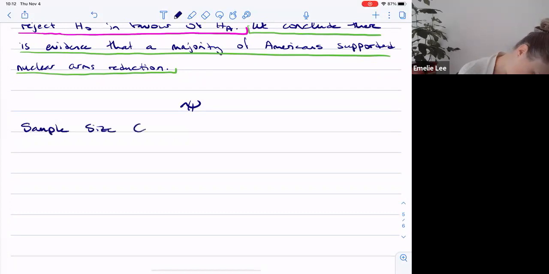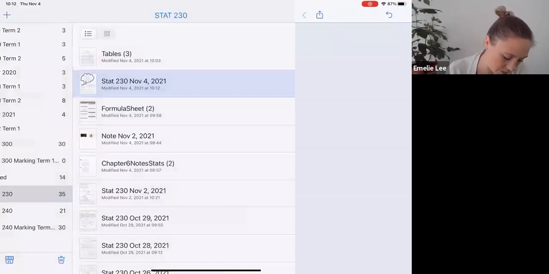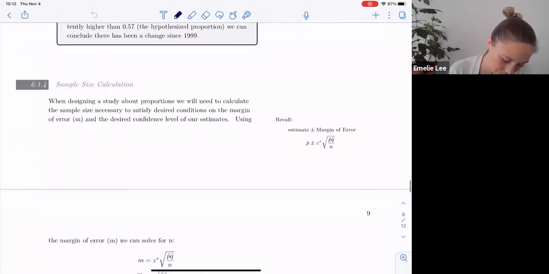Sample size calculations. I'm actually going to grab it from the chapter 6 notes that I posted, but it's going to be somewhere in the middle.